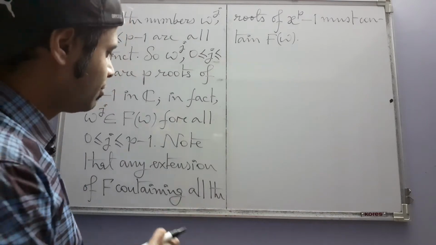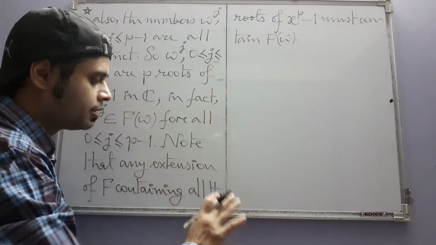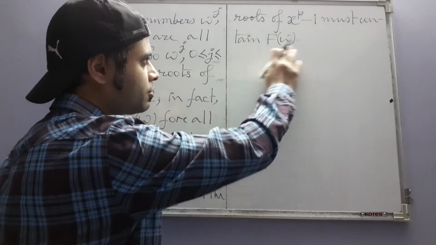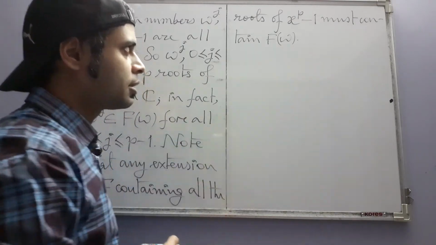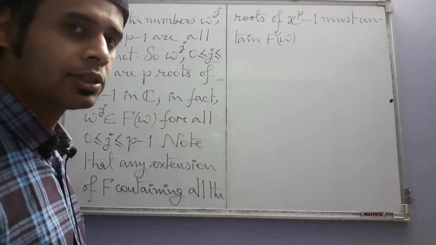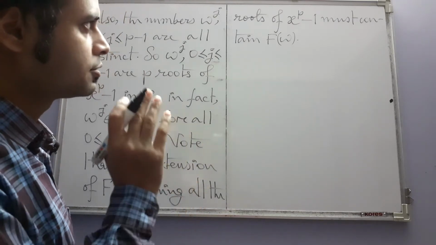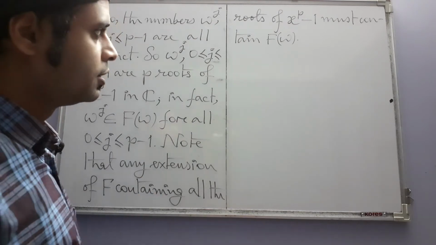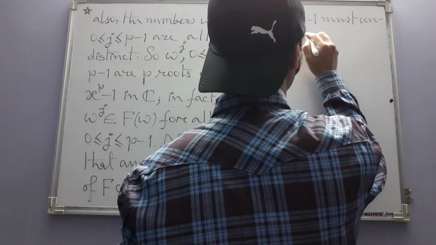Why? Due to the fact that this field contains all the roots of x to the power p minus 1. But now it also turns out that it is the smallest among all such extensions containing all the roots of x to the power p minus 1. So by definition it will have the smallest degree also, so it is the splitting field.